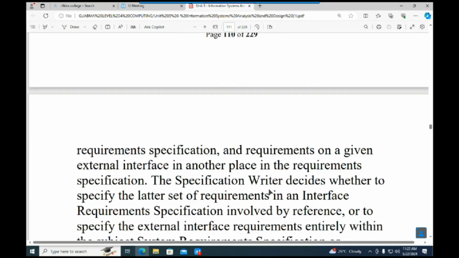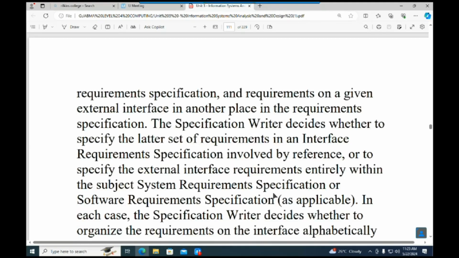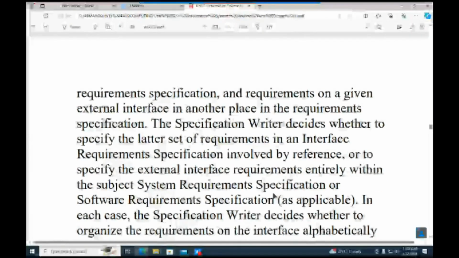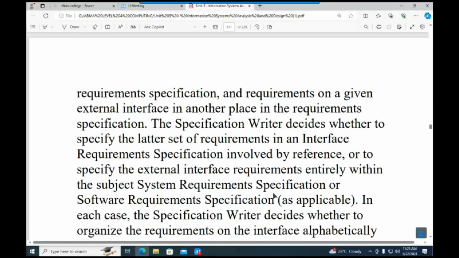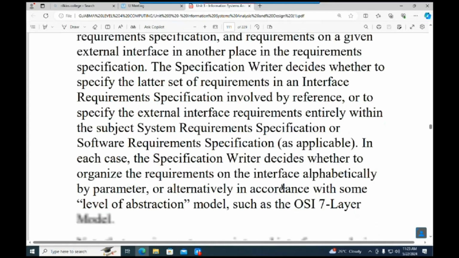So he's going to decide whether to specify a particular set of requirements in an interface requirements specification that is involved by reference, or to specify those external interface requirements within the subject system requirements specification, or maybe in the software requirements specification.